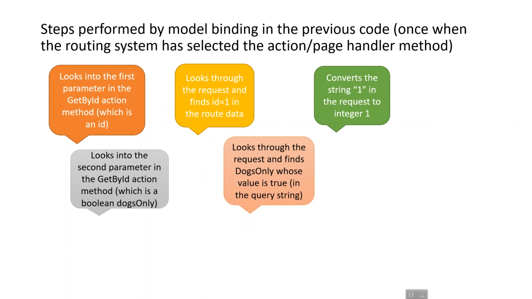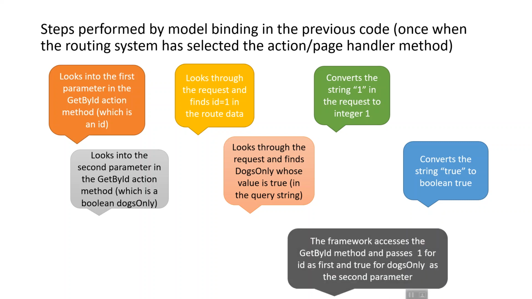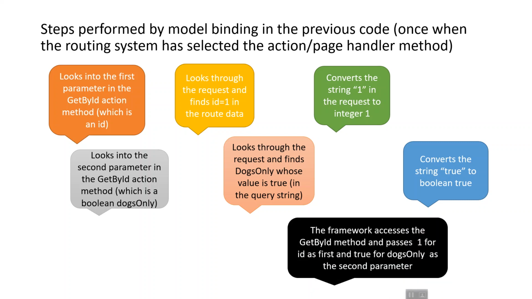Because this matching is case insensitive, dogsOnly, which has a value of true in the query string, will be equated to the dogsOnly parameter of the GetById method. Next it converts the string true to the boolean true. Finally, the framework calls the GetById method and passes 1 for id as the first and true for dogsOnly as the second parameter.